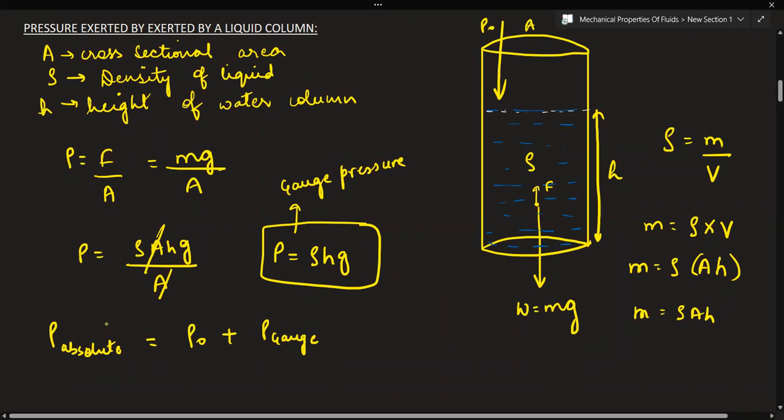So the absolute pressure will be equal to P naught, the atmospheric pressure, plus rho g h. And if only gauge pressure is asked, the gauge pressure is only the pressure exerted by the liquid column, that is rho g h. Just note this down, then we'll do questions on this.